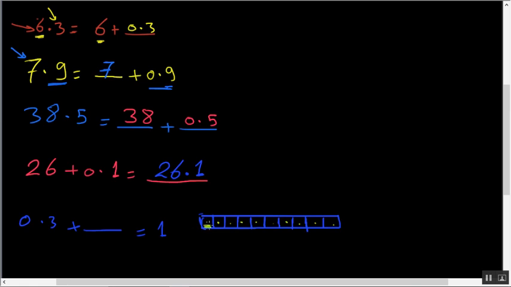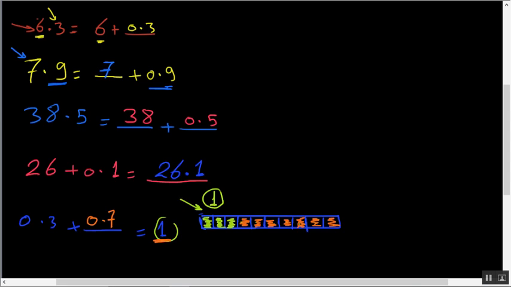Here we have 3, 1, 2, 3. 1 here is one whole like this. This is called one whole. Here he said 0.3. We color 3. And where is the remainder here? 1, 2, 3, 4, 5, 6, 7. So the result equals 0.7. So here 0.3 plus 0.7, the result equals 1.